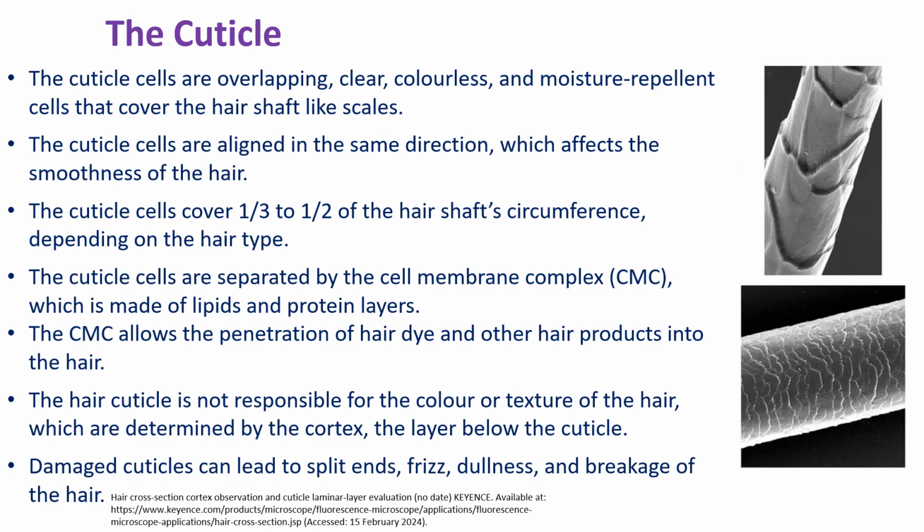Now, the primary function of the hair cuticle is, of course, to protect the inner cortex of the hair from damage, and the sorts of things which damage it are things like UV light, dust. You've got things like ozone in the atmosphere that doesn't help a lot. You've got a lot of chemical treatments such as colouring and perming.